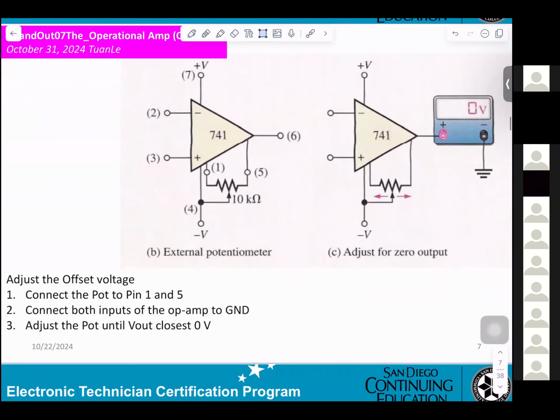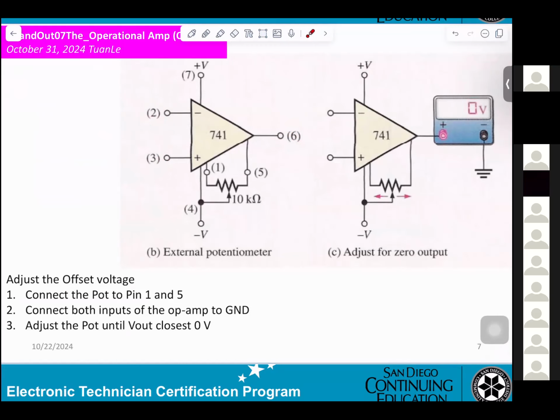Okay, so now when you look at the LF411, you can see you get two inputs here. If you connect them to ground, the output here is supposed to be 0.